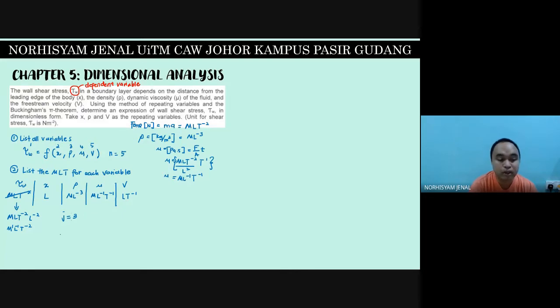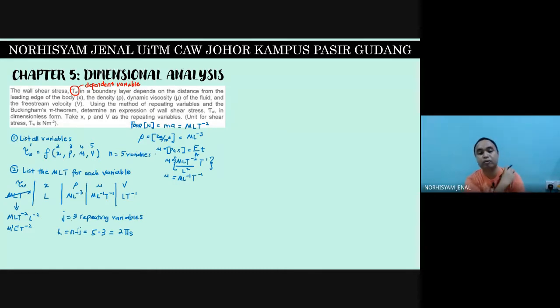And then to find out how many number of pi, K equals N minus J equals 5 minus 3, so equals 2. So we will have 2 pi's. 3 repeating variables, and N number of variables.